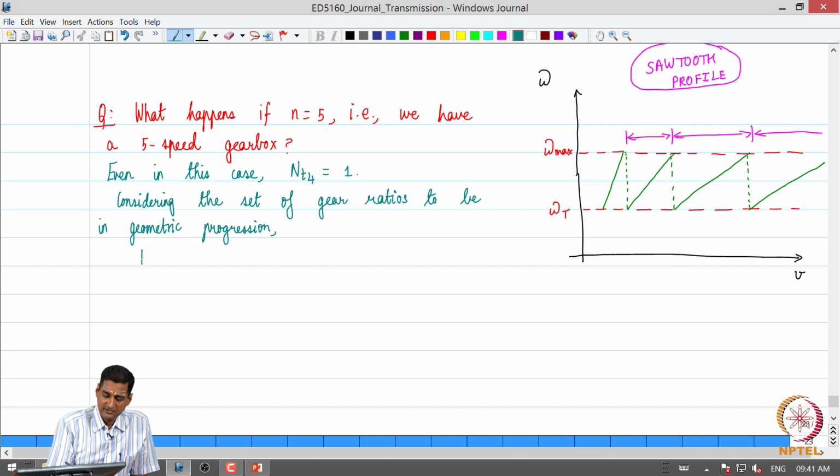We have NT2 by NT1 equals NT3 by NT2 equals NT4 by NT3, and that is equal to NT5 by NT4, and that is equal to K subscript G.